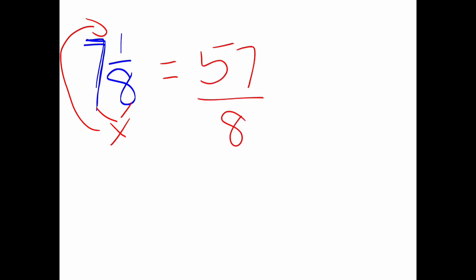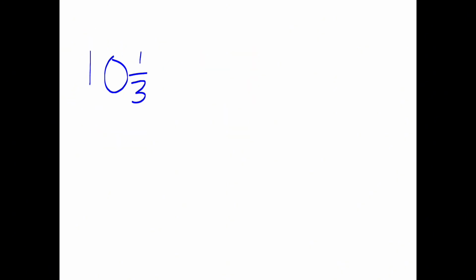Very good. And the last question says 10 whole number 1 over 3. Just follow the steps and you get it right. We multiply the whole number by the denominator, add your numerator, then everything over the denominator, which is 3. Do you get that?